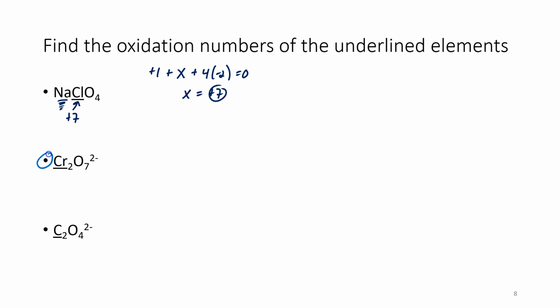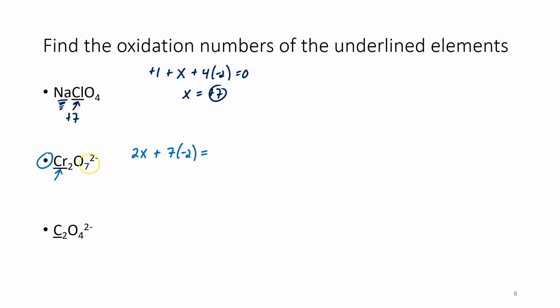How about this one? Dichromate. We're asked to find the oxidation number of chromium. So I'm going to say 2x, where x is the oxidation number of the chromium, plus 7 oxygens. Well, each oxygen has an oxidation number of -2.